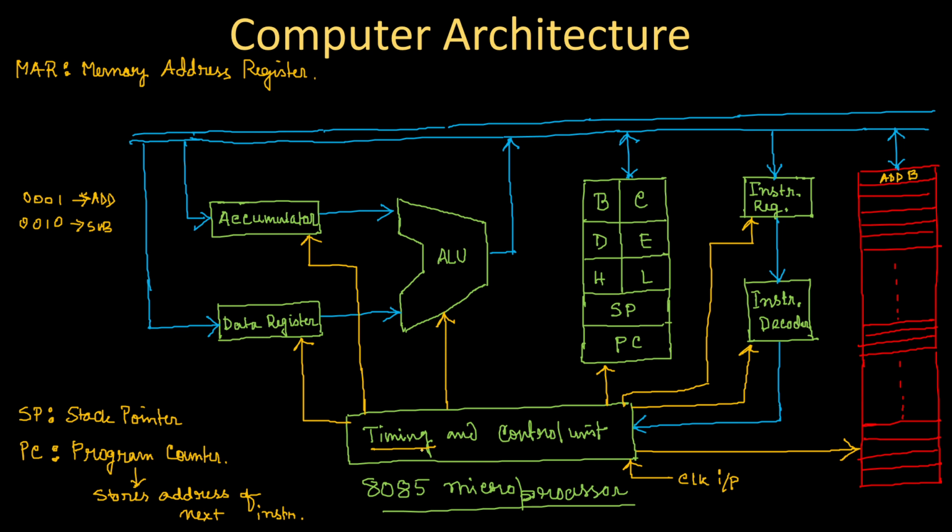executing a program with a program counter, and the stack pointer is actually used specially for the function calling part. Function calling part means when we write a C program, for example, we write say 3 or 4 functions. A function is called within a particular function.